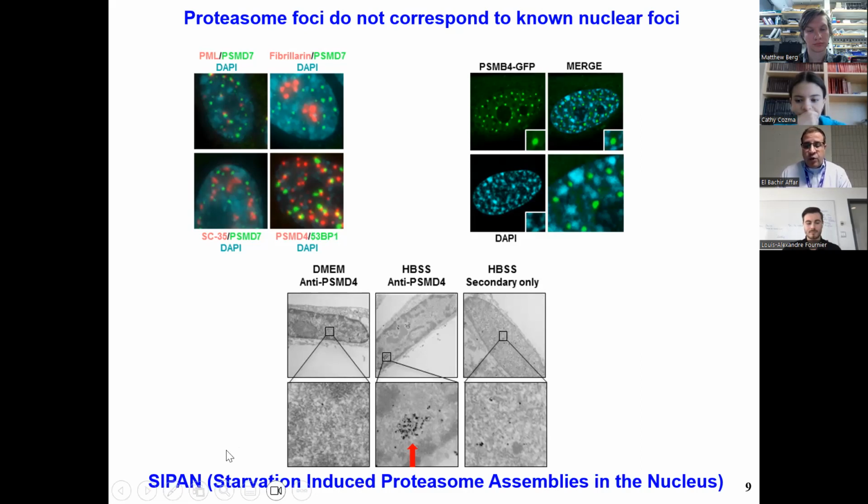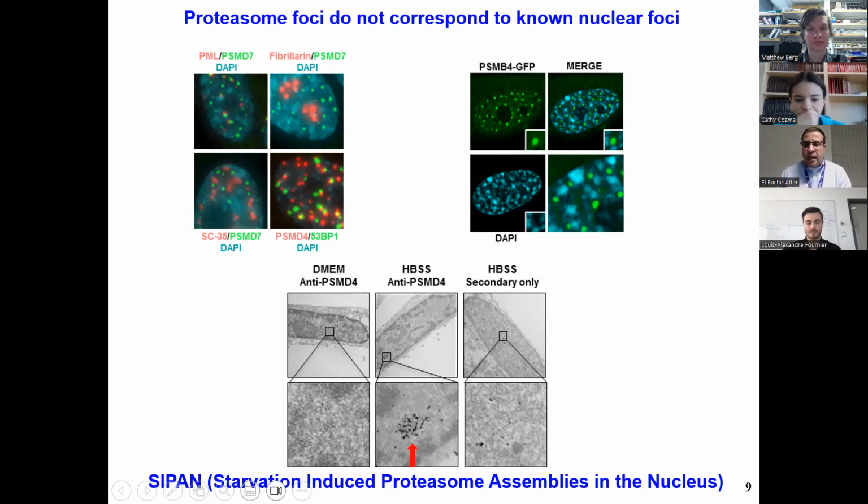At this stage, we decided to give them a name, and we named them SIPAM, for starvation-induced proteasome assemblies in the nucleus. And during the same time when we were doing this work, a Nature paper was published to report that upon osmotic stress, the proteasome forms foci in the nucleus.